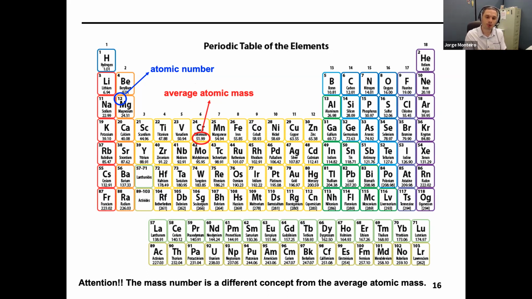I just showed you the mass number, which is completely different from the average atomic mass that you see in the periodic table. Mass number is defined as the number of protons plus the number of neutrons. It's always an integer, while average atomic mass is a different concept that I will show to you soon.